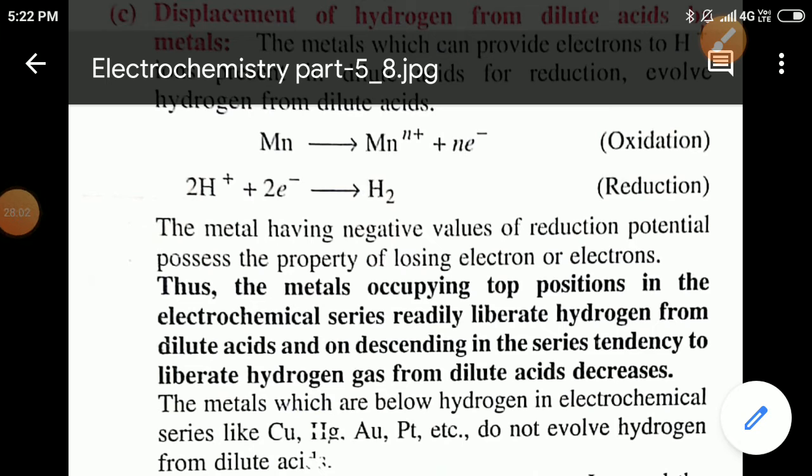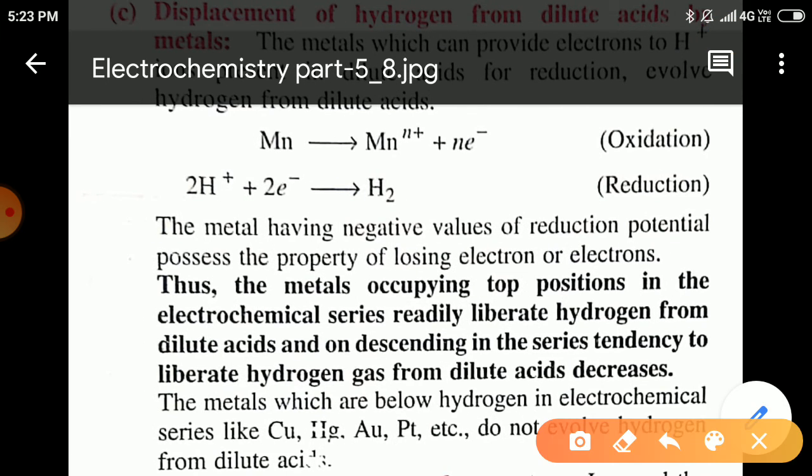manganese oxidizes into manganese ion, that is, a cation. In that condition it loses electrons. So here the oxidation number of manganese in the reactant is 0 and in the product is +n, which is the process of oxidation. The electron lost in the reaction is taken by the hydrogen ion given by the dilute acid.